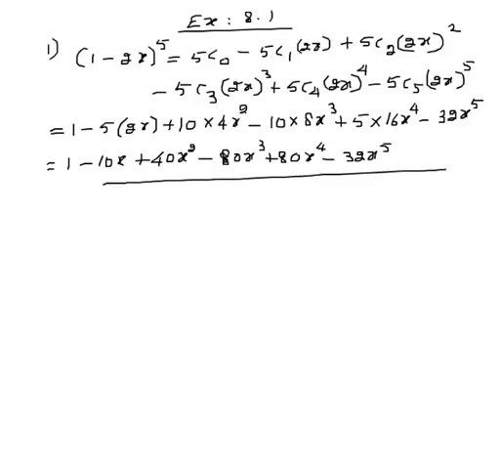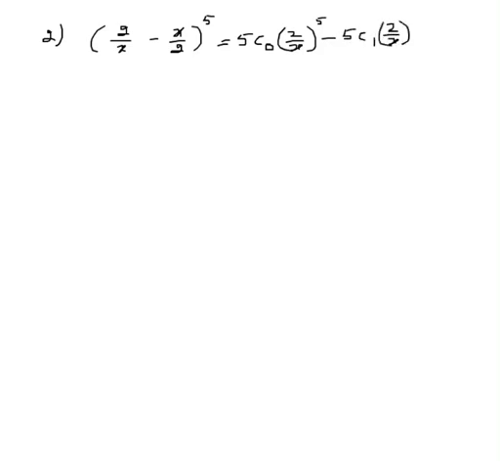Second question. Expand 2 over x minus x over 2 whole raised to 5. Let us write the expansion. 5C0 2 over x whole power 5, minus 5C1 2 over x whole raised to 4 and x over 2.